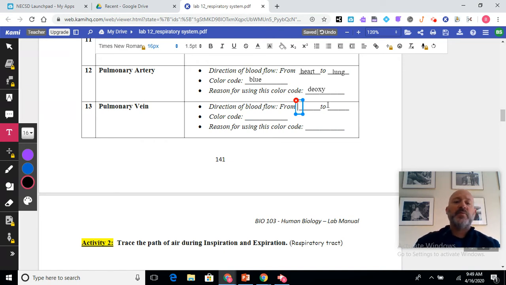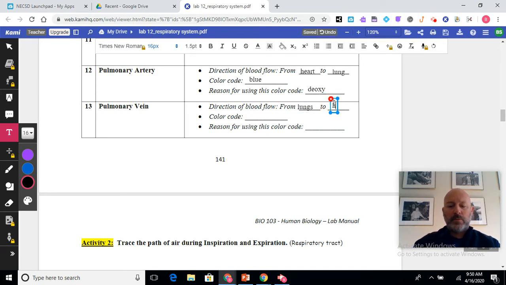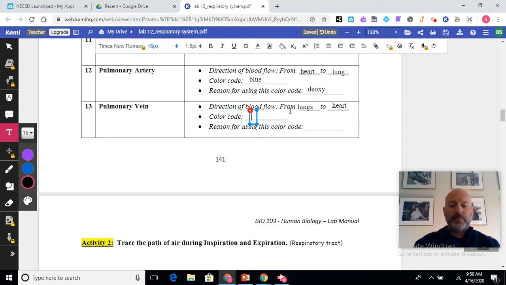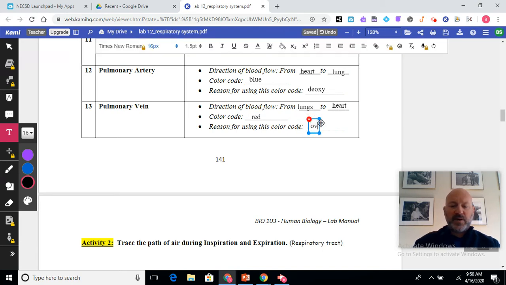In this case, the pulmonary veins are coming from the lung to the heart. And pulmonary veins are carrying oxygenated blood, right? So they're going to be red, because it's oxygenated.